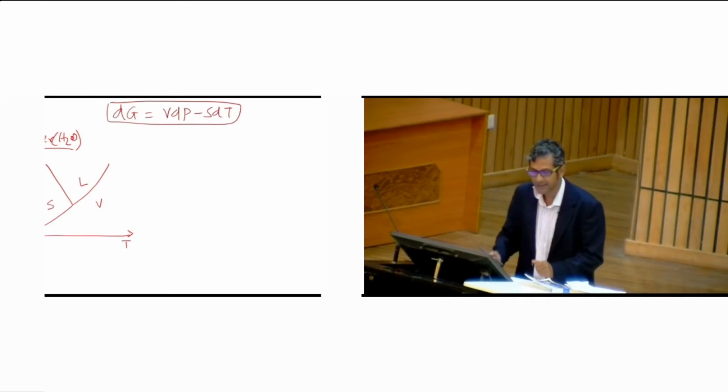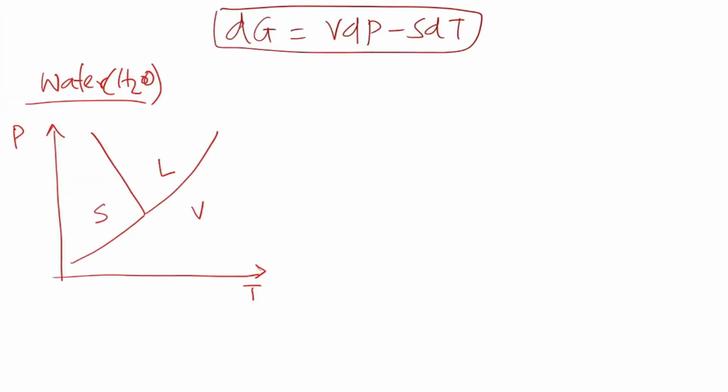Now, each of these lines indicates a certain kind of equilibrium between solid and liquid, liquid and vapor, and solid and vapor. So, for the sake of understanding, let us consider a very generic thing, equilibrium between two phases alpha and beta. It can be solid and liquid, liquid and vapor, or vapor and solid. But for generalization, let us consider two phases alpha and beta. So, we can use that relationship.